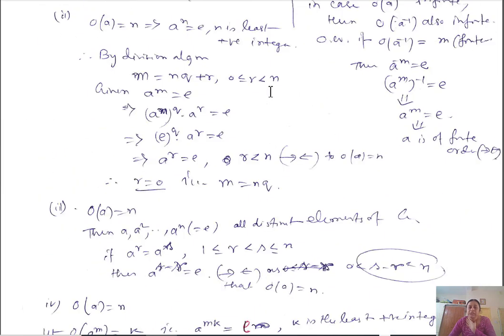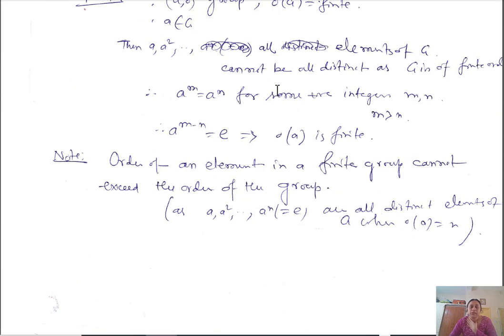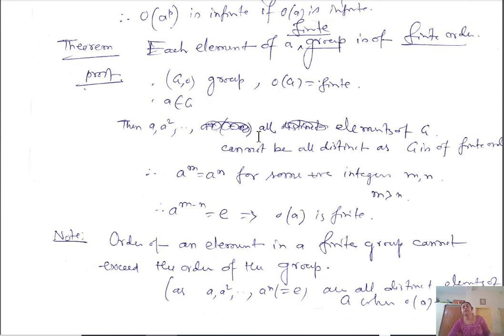So you can establish two things. First, if the group is finite, then every element has finite order. And not only that, in a finite group, the order of an element cannot exceed the group order, the cardinality of the group.